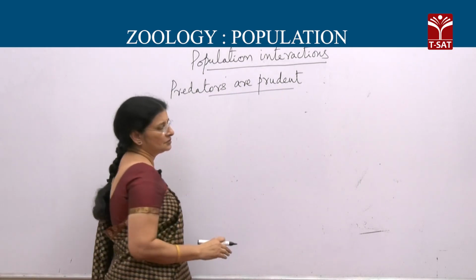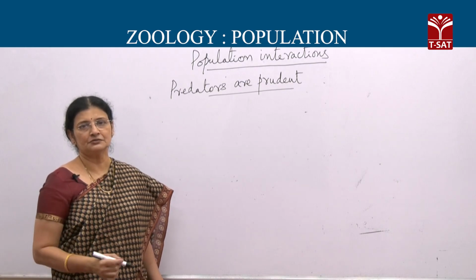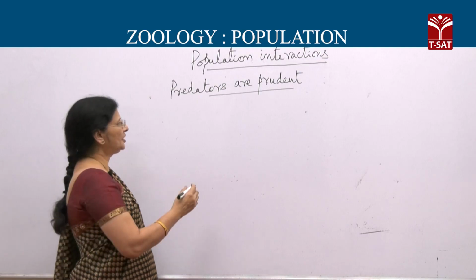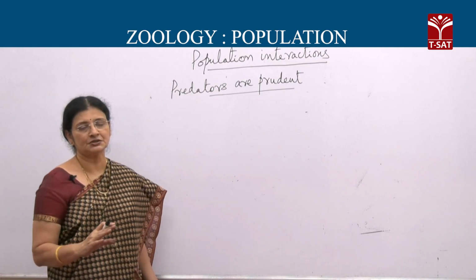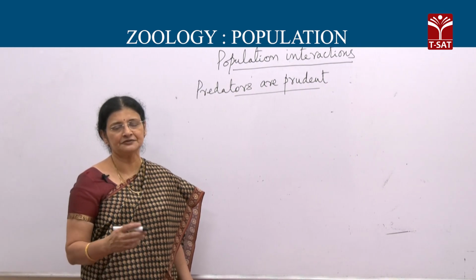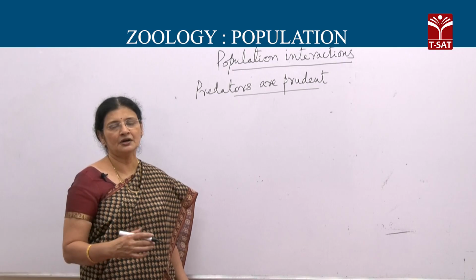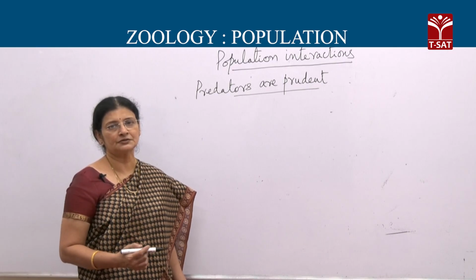They don't kill prey populations indiscriminately, because if they eat away all these prey populations in one day, the next day they will not have food.